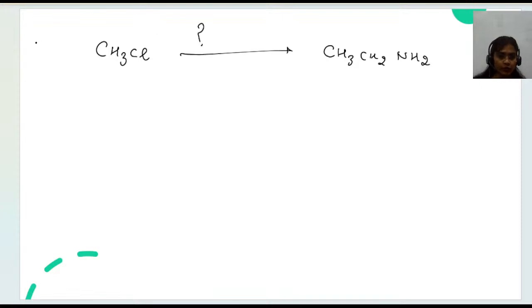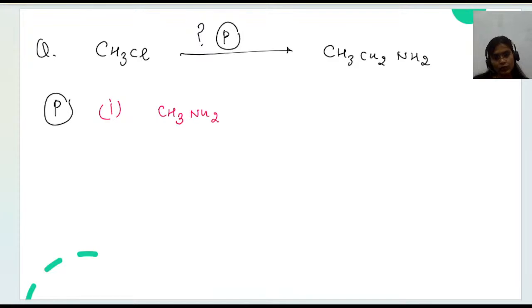The question mark you would identify, let's say some P. So what is P? First of all, option one, you are using CH3NH2 in the presence of a base, simple.